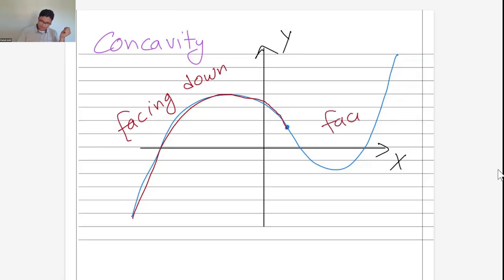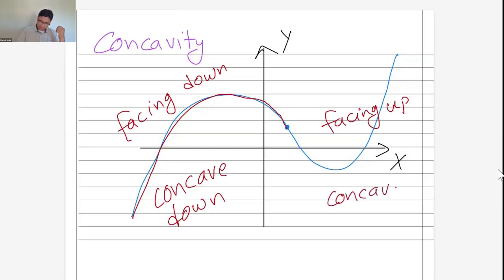And obviously this side is facing up. That is called concavity, and the one facing down is called concave down. Okay. And here you have concave up. And it changes at this point. And that is called an inflection point.